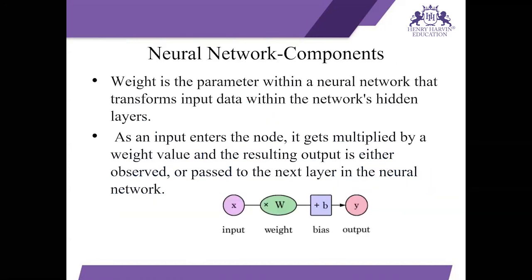Weight is the parameter within a neural network that transforms input data within the network's hidden layers. When an input enters this node, it gets multiplied by a weight value and the resulting output is then obtained by adding a bias to it.